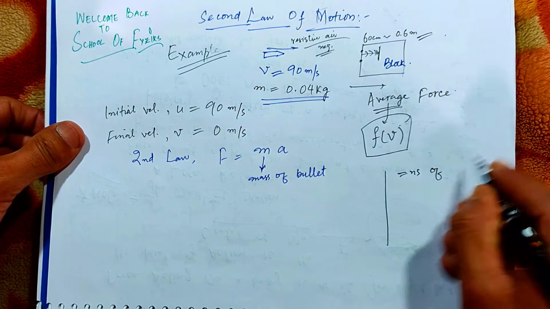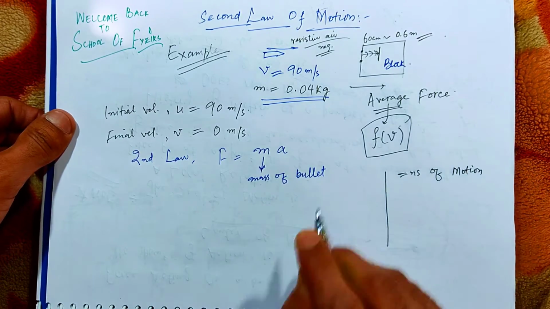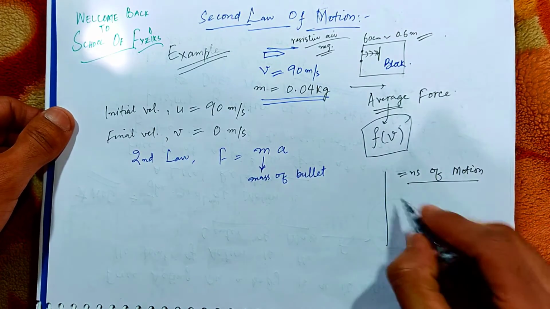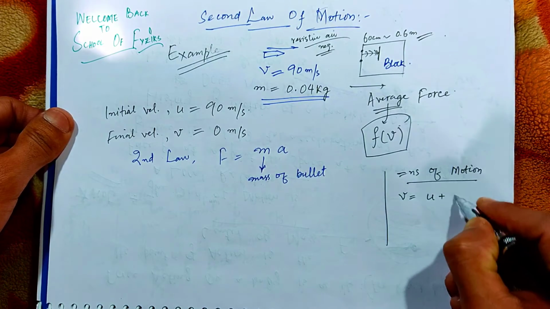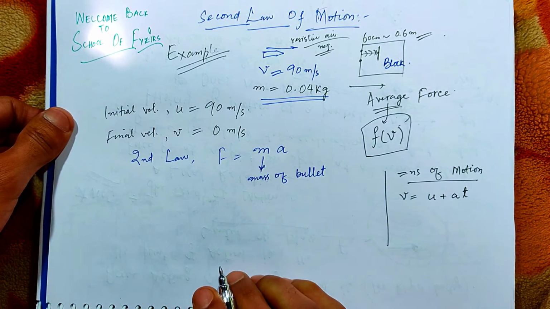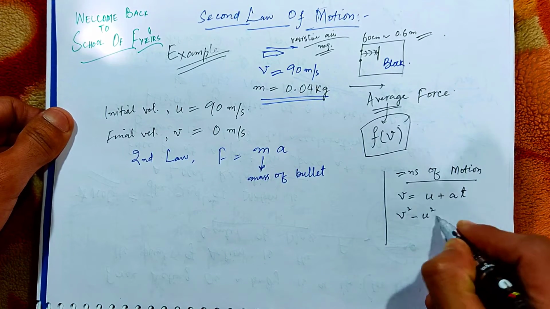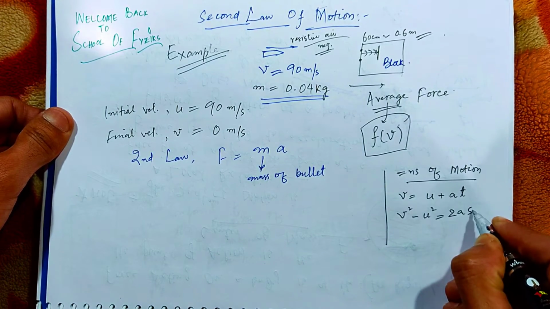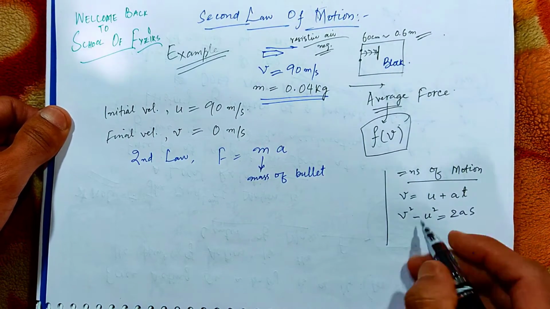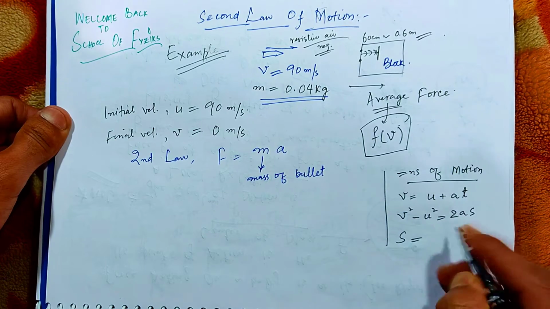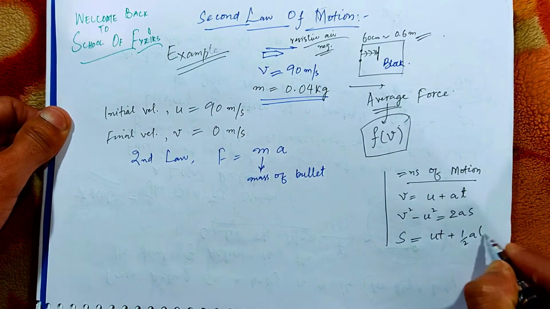There are 3 equations of motion, keep them in mind, they are very useful. First: final velocity is equal to the initial velocity plus acceleration times time, v = u + at. Second: v squared minus u squared is equal to 2as, where s is the distance traveled and a is acceleration as usual. The third equation is s = ut + half at squared.